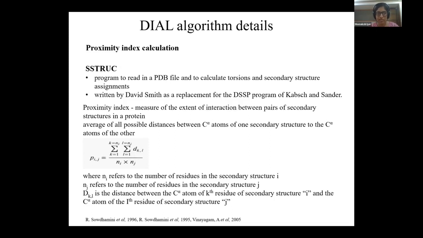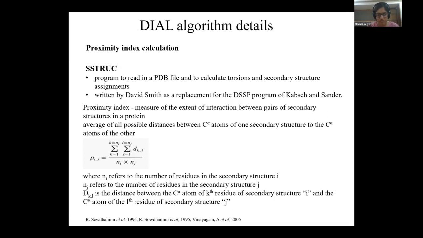And then we calculate the average of all the possible distances between the C alpha atoms of one secondary structure to the other secondary structure using this formula, wherein Ni is the number of residues in the secondary structure I, Nj is the number of residues in the secondary structure that we are comparing, which is J, and dKl is the distance between the C alpha atom of the kth residue in secondary structure I to the C alpha atom of the lth residue of the secondary structure J. So using this proximity index calculation, we identify the distance of all the C alpha atoms between different secondary structures.